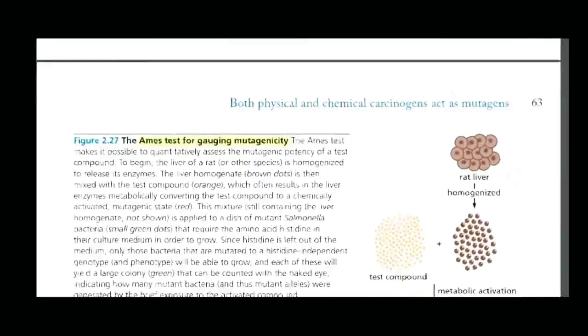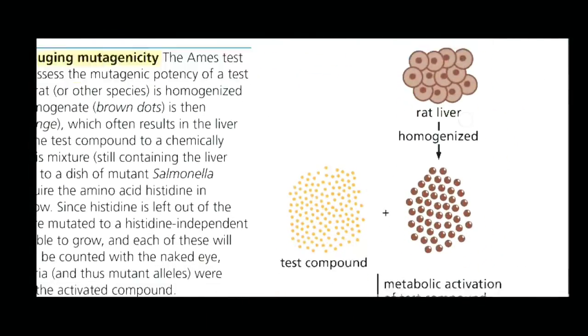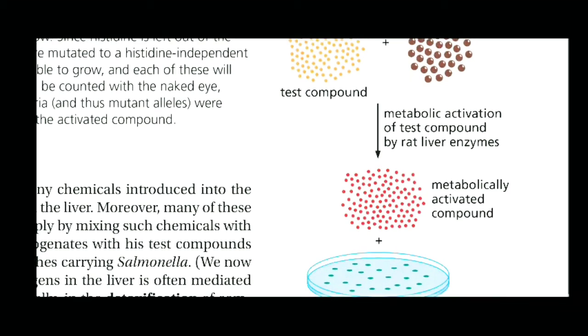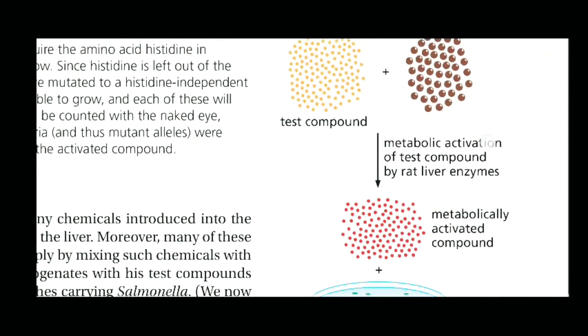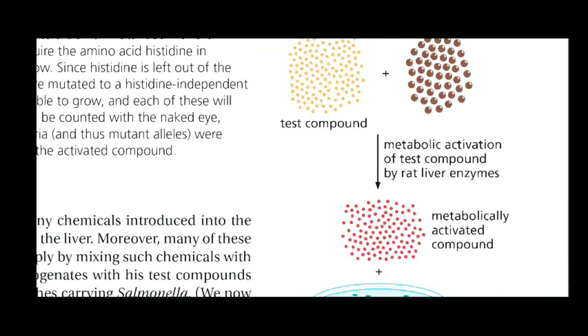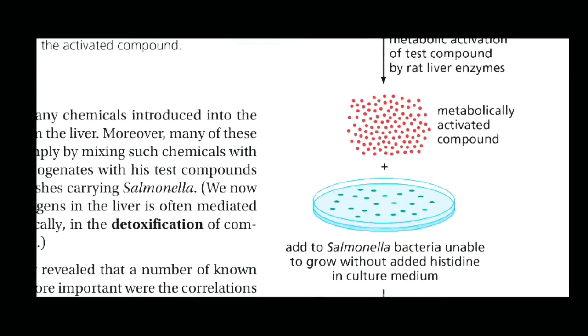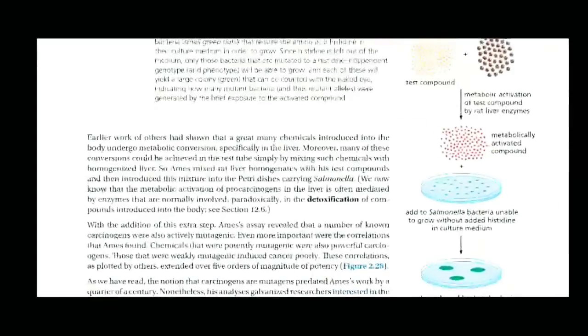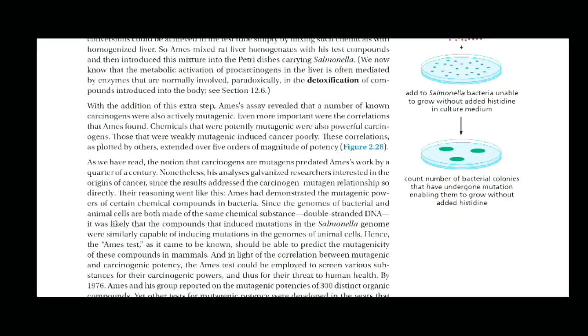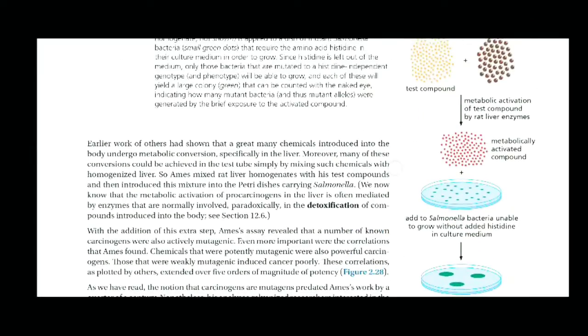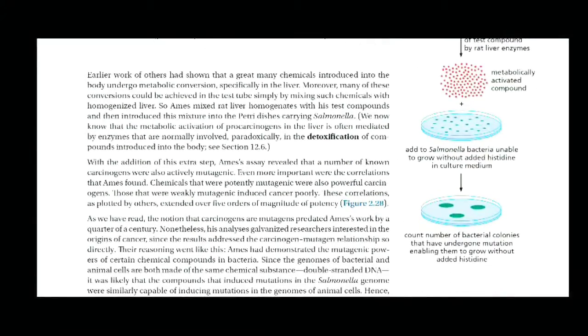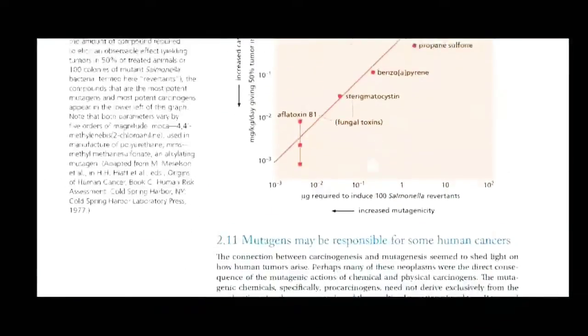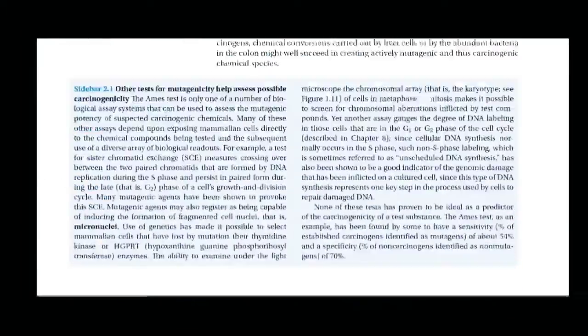In this picture you can see a rat liver is homogenized, then the test compound is added, then the metabolic activation of the test compound by rat liver enzyme gives a metabolically active compound. It is going to take a longer time, so I should add this in the next video.